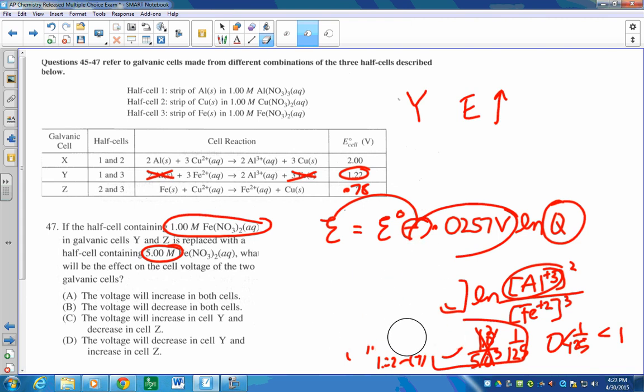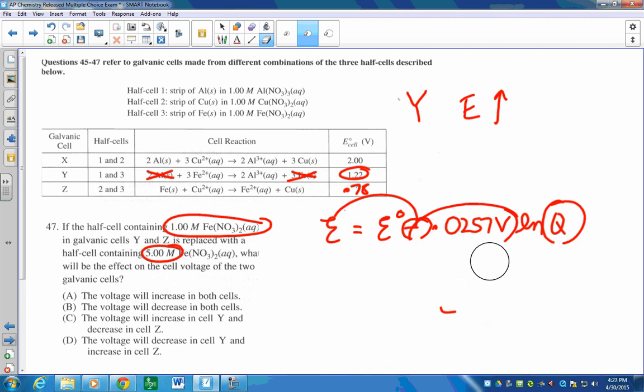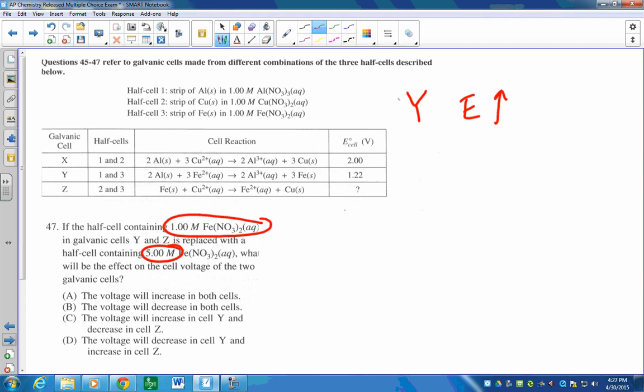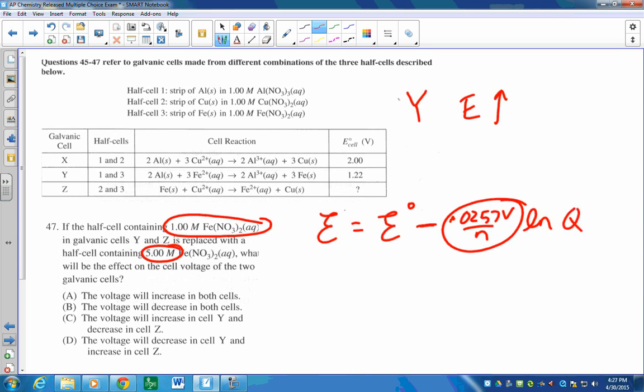Now, what happens in galvanic cell Z? Now I'll do the Nernst equation. The Nernst equation is not on your sheet, so the actual value you don't have to know anymore. Minus, keep in mind, minus is because batteries run out, 0.0257 volts over n. That's not important anymore. All that's important is that you know if the voltage goes up or the voltage goes down. Now in this cell, this solid and this solid aren't there.